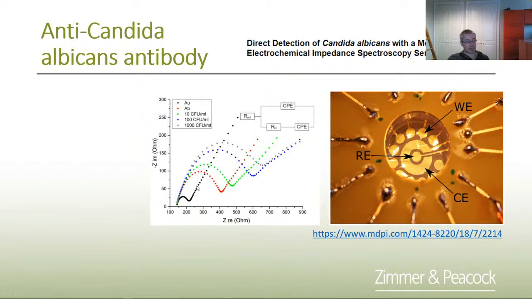As the pathogen binds, the RCT, the charge transfer resistance, increases. This is fair enough because you're effectively blocking the surface with the pathogen. So this week I am going to talk about impedance spectroscopy.